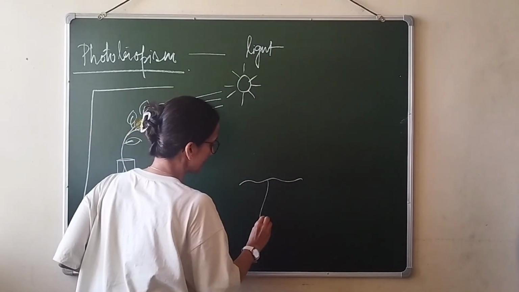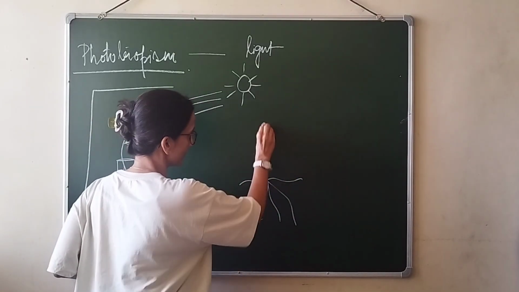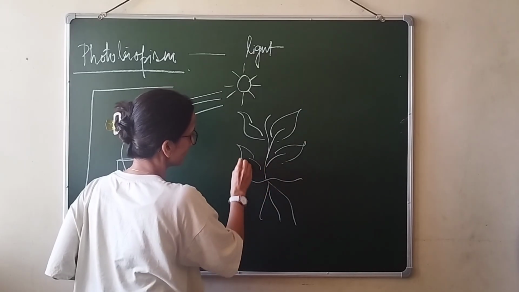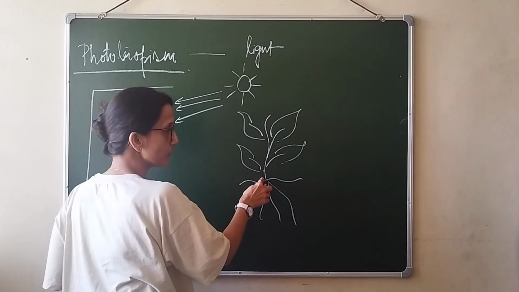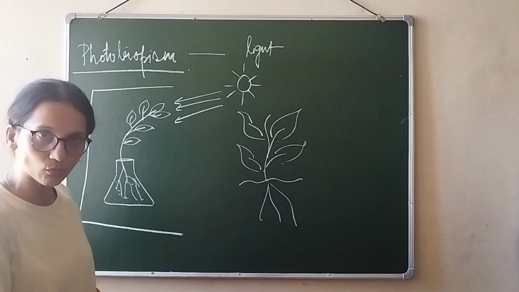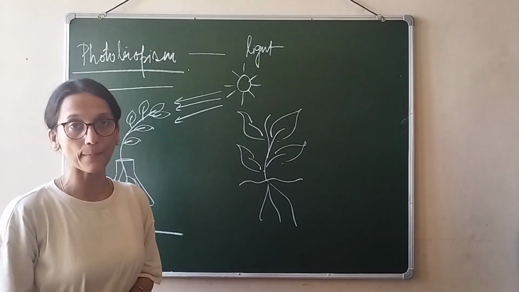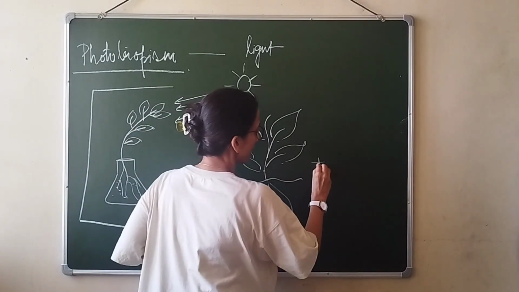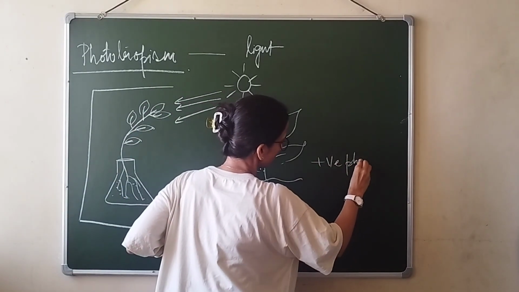Similarly, a basic example of a plant which is planted, I'm not keeping it in a jar, it's just there in the soil, and you are going to see that the root always grows downwards and the shoot always grows upwards. Why is this? Because the shoot has positive phototropism.